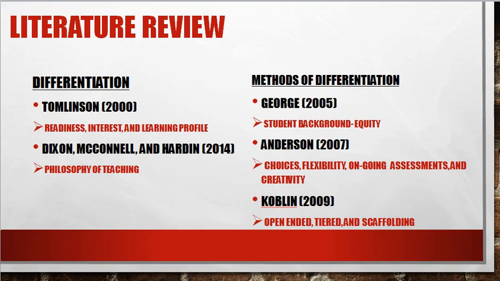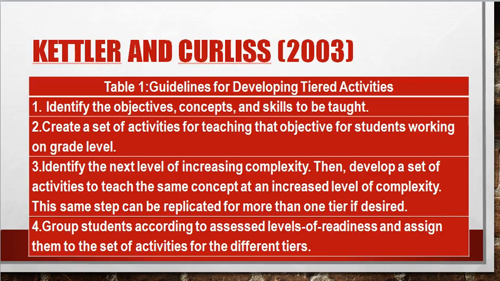The tiered are what we're going to kind of be looking at, and tiered and scaffolding are very close to one another, but the tiered activities are expanded upon whenever you take a look at what Kettler and Curlis talk about in their table as far as developing tiered activities. We see that we need to identify objects and concepts that are being taught in the classroom, that we're making sure that they're on grade level, and then making sure that whatever activity we start with, the next activity has a higher level of rigor to it.